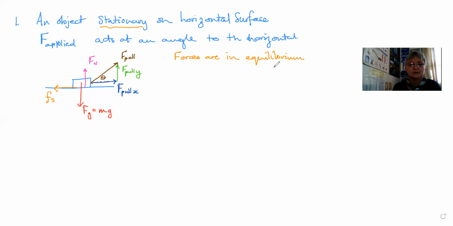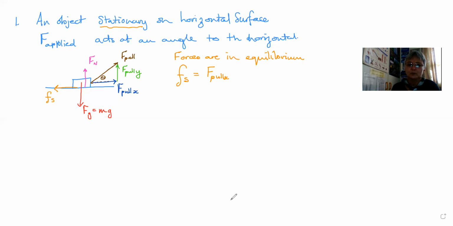In this case, the Fs, the static friction, would be cancelled out or balanced by the pulling force X component. How do we get the X component?